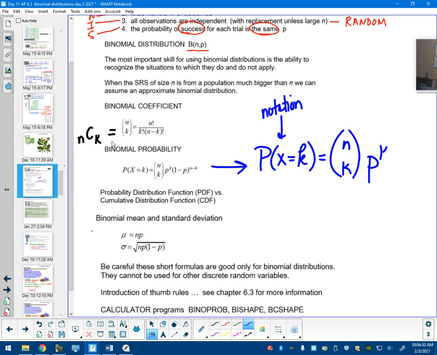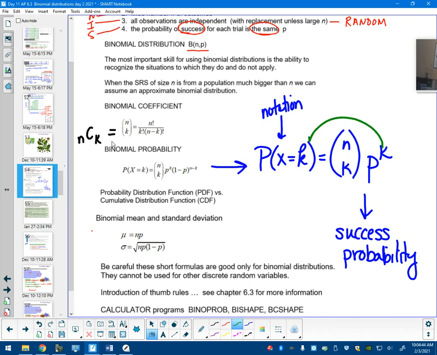All right, what's the p? The p is your success probability. And these k's should always match up. That k is in 3 different spots. And then you have 1 minus p, which I call the failure rate, and your college books will call that q. But we call it 1 minus p.